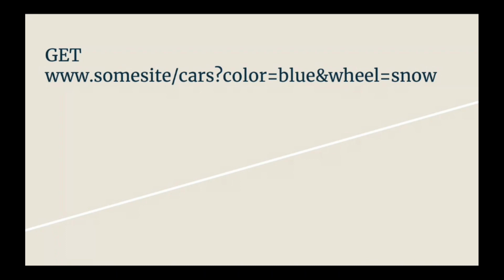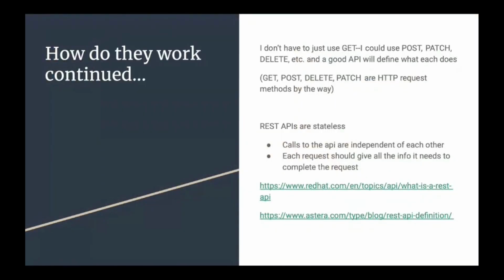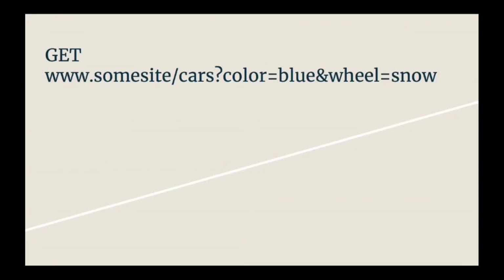So in reality, you might not make a query like this, but basically what this bullet point is saying is that the client should make sure to include that you need this wheel parameter.